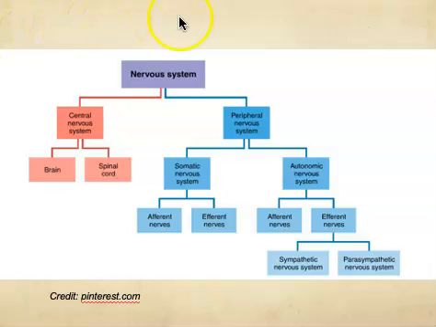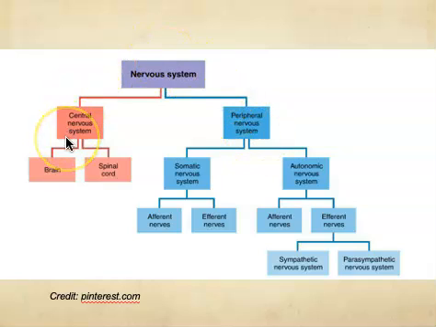If you start at the top, you can see this is describing the organization of the entirety of the nervous system. And the first thing we do is we break it into the central nervous system and the peripheral nervous system.